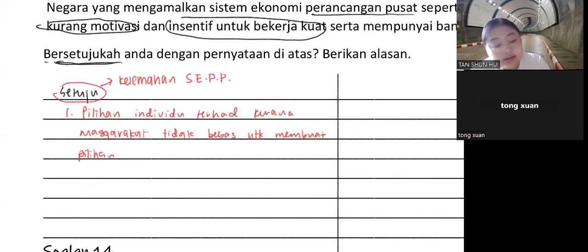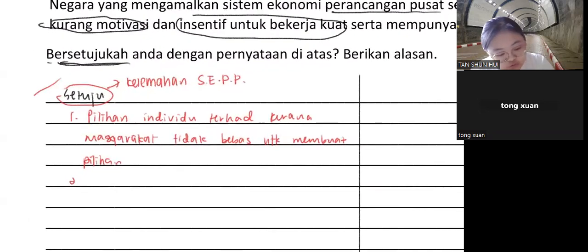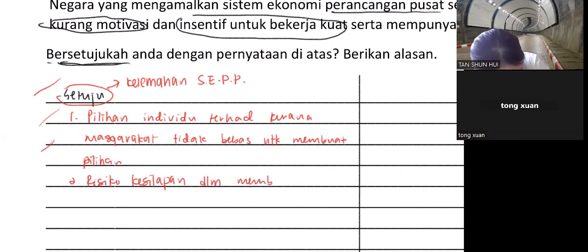All right. Other than that, you can also tell me what. They want 4 marks, right? So setuju 1 mark, 2 marks, explain 1 mark. So you got to give me 1 more point. All right. Other than that, you can also tell me that, okay, risiko kesilapan dalam membuat keputusan lebih tinggi.